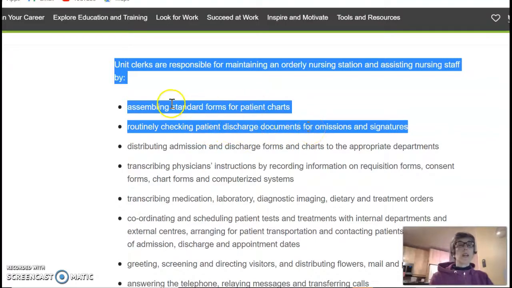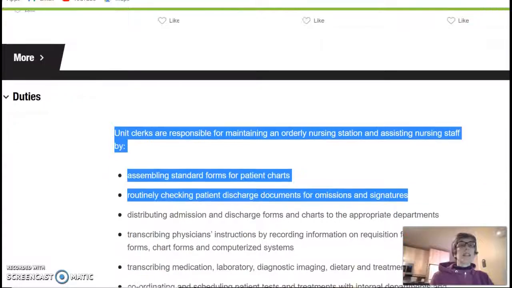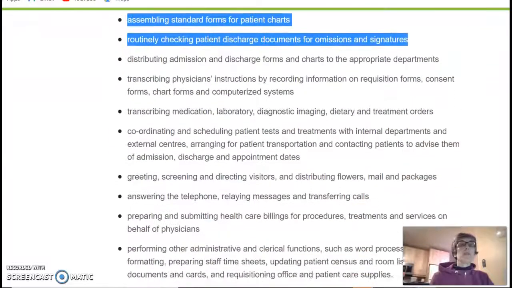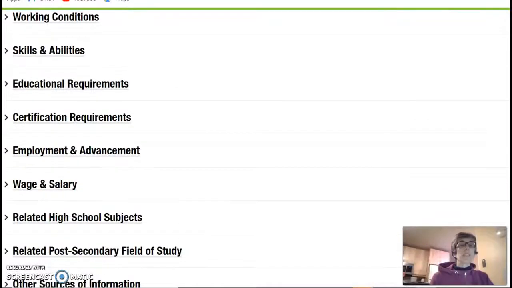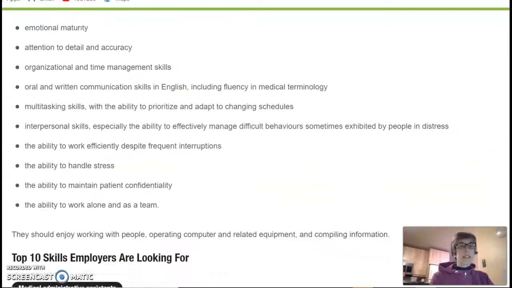Okay, so lots of paperwork. So I've written down that answer, and now I want to find the skills. So I need to just scroll down a little bit more, and I will see what are the skills and abilities for this job. And it gives me a nice big list.